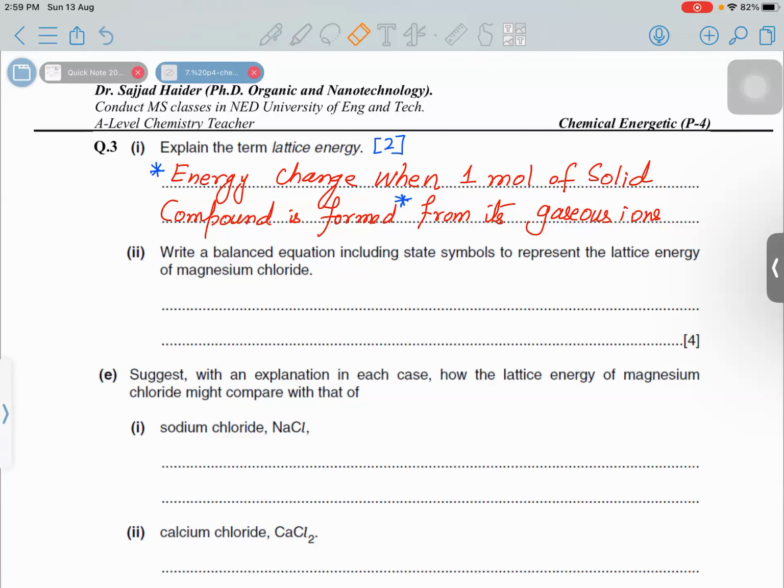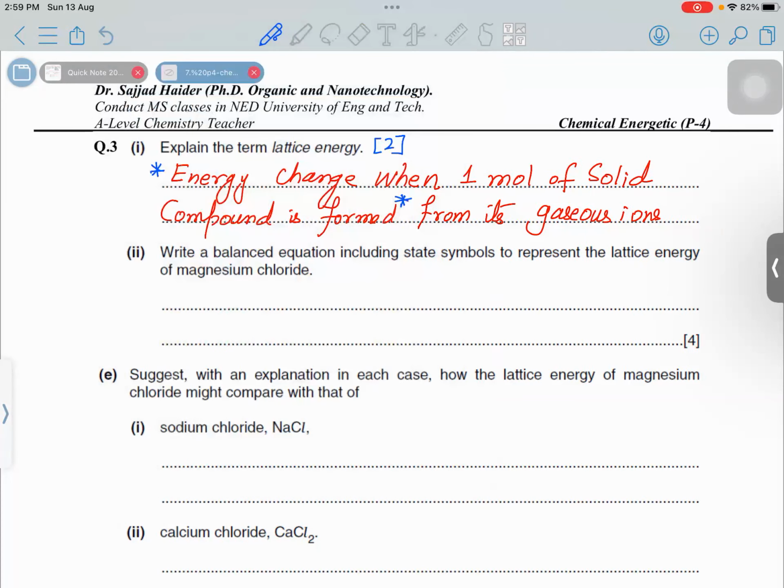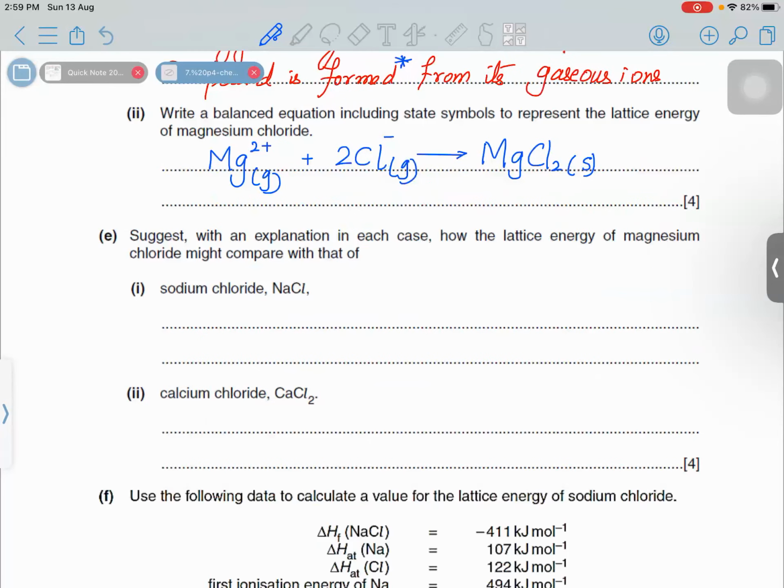Now the lattice energy equation of magnesium chloride. Mg2+ gaseous plus 2Cl- gaseous gives MgCl2 solid. Correct. Now comparison of lattice energy, magnesium chloride and NaCl.